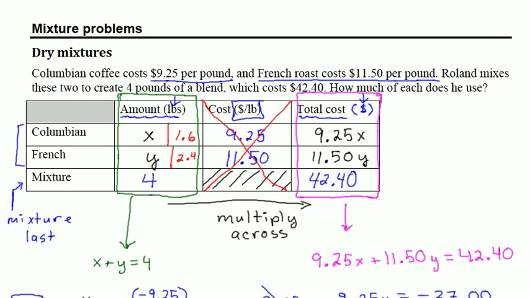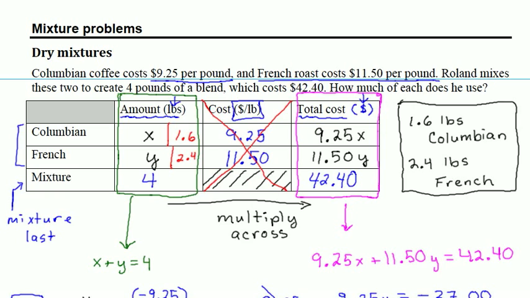So I'm going to express my final answer here as 1.6 pounds of Colombian and 2.4 pounds of French. So make sure that you always remember to express your answer with units and with the appropriate labels. It's important that we know that 1.6 is measured in pounds and that the 1.6 goes with Colombian. The 2.4 is measured in pounds and that it goes with French.